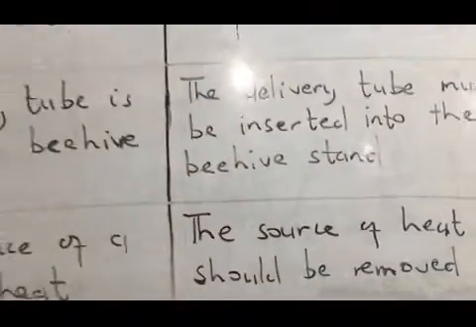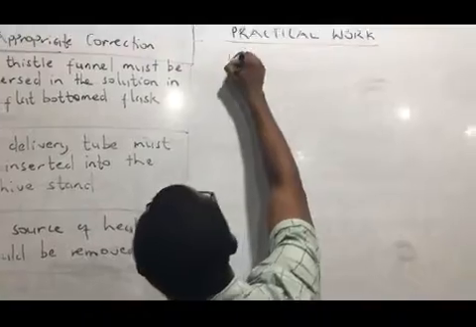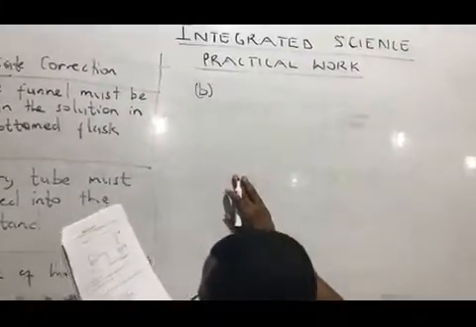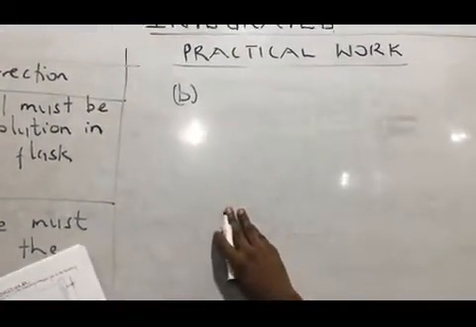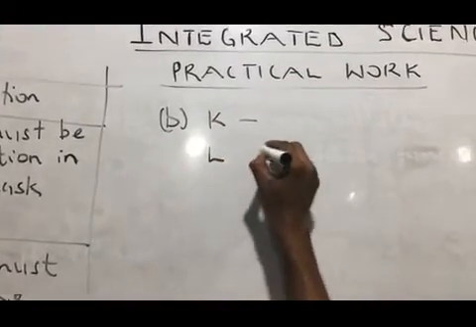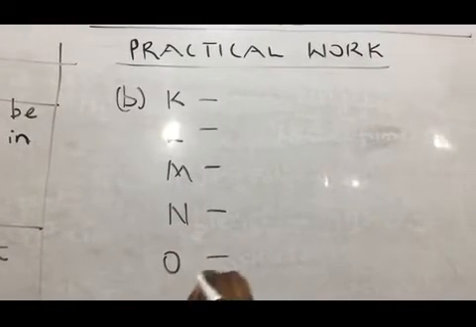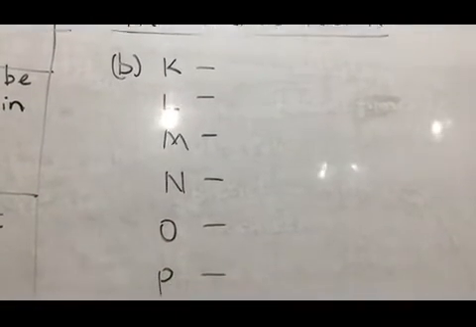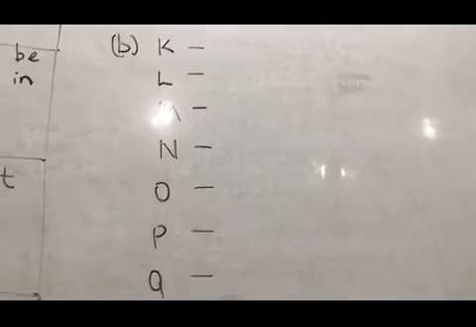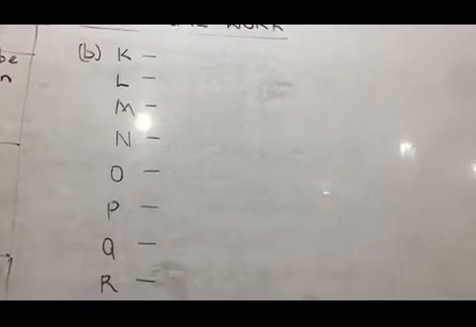Okay. Now we're going to look at question B. Question B says you should label the parts K up to R. So you have K, L, M, N, O, P, Q, and then R. Okay, so K. The K is the flat-bottomed flask.